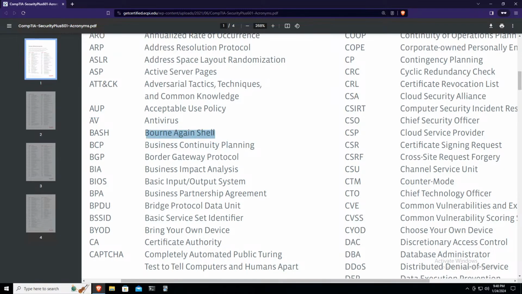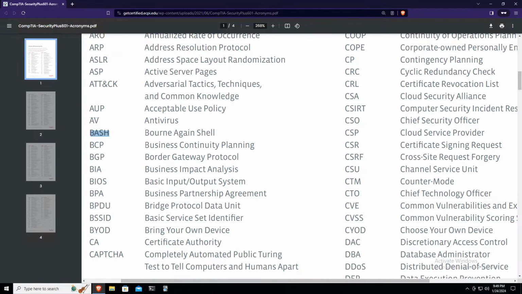I honestly forgot that this word even existed in this acronym. But yeah, Bash is used as a programming language in Linux to create scripts and essentially do power user or sysadmin like things on Linux systems.